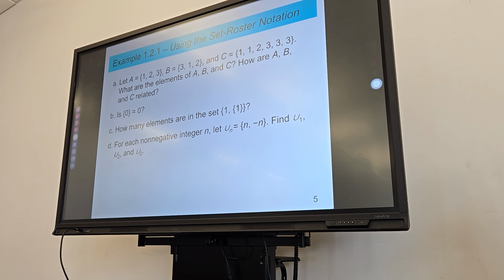Okay? U sub 0, 0 and minus 0, which is also equal to 0 and 0, which is also equal to just 0. The set with a single element of 0. Because duplication is allowed for equality.